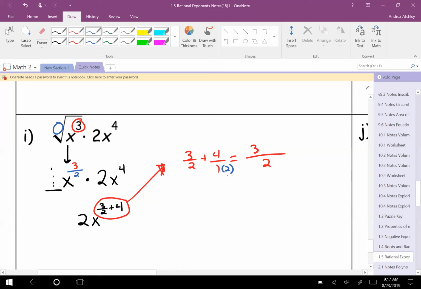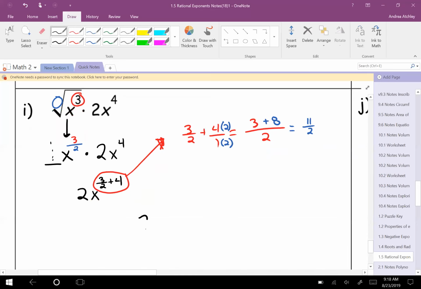If I multiply the denominator by 2, I need to multiply the top by 2. 4 times 2 is 8. Then I simplify that, and 3 plus 8 is 11 over 2. So my answer is going to be 2x to the 11 over 2 power. Any questions over that?